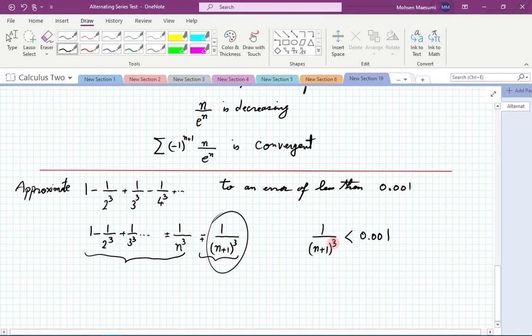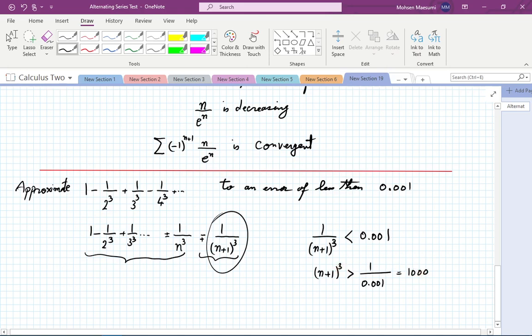That's going to be another obstacle you need to overcome. You always have the next term less than a thousandth, and then, well, if we cross multiply, this one is going to look like n plus 1 cubed is larger than 1 over 1,000th. Well, 1 over 1,000th is 1,000.